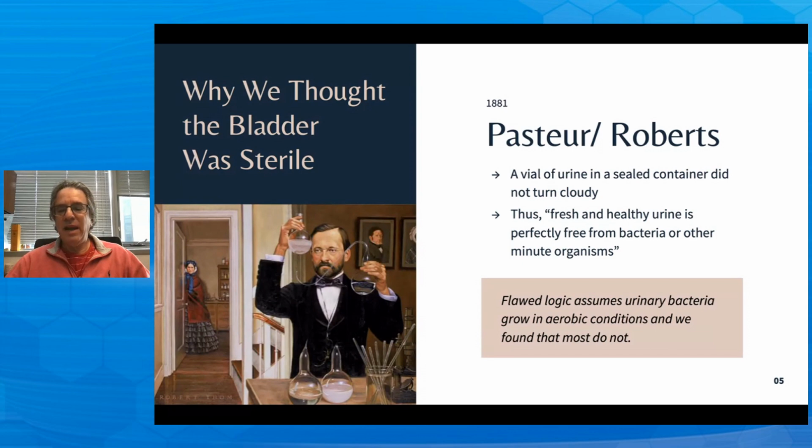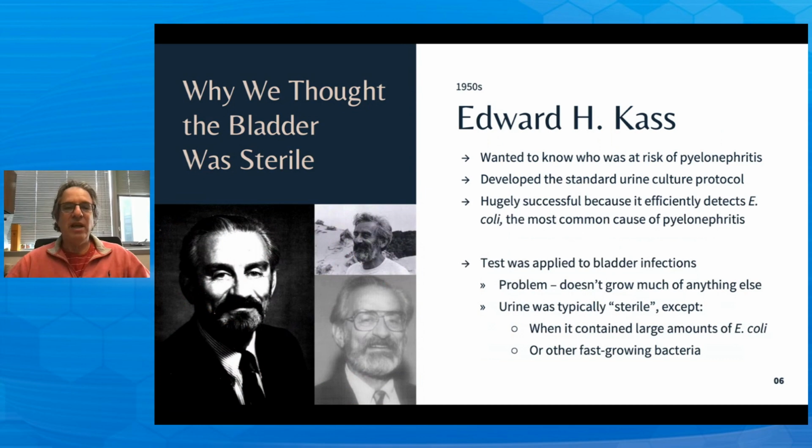Okay, now we're going to jump ahead about 70 or 80 years, and we're going to talk about Ed Cass. Now, Ed Cass was a brilliant man. He was an infectious disease doc at Harvard. And what he wanted to know is who was at risk for kidney infection, pyelonephritis. And he's the one who developed the standard urine culture protocol that most clinical microbiology labs use today.